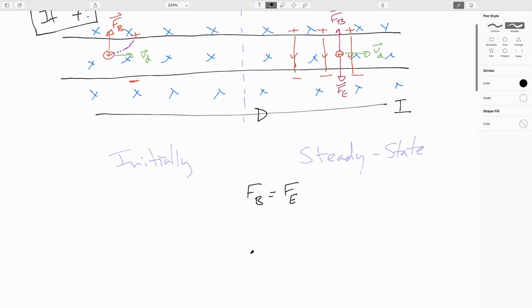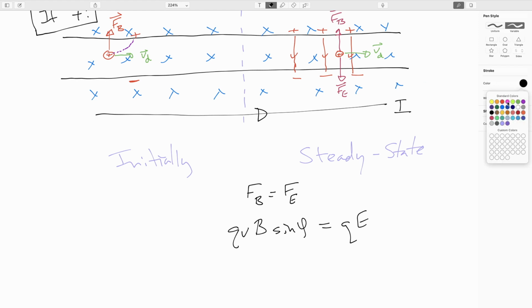So here, this is going to be qvB sin φ, and I'll just leave it as a sin φ. The way I've drawn the example, φ would be 90 degrees, but there's no reason we couldn't have the magnetic field lines going in obliquely or something like that. And the electric force would be equal to qE. Now here's the interesting bit. The charges cancel.